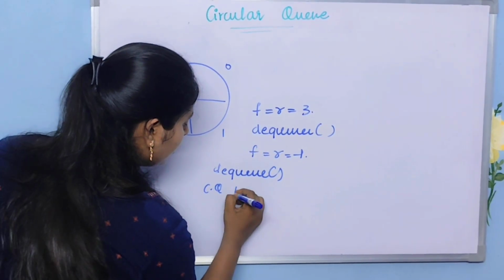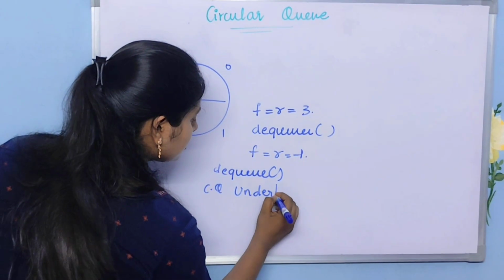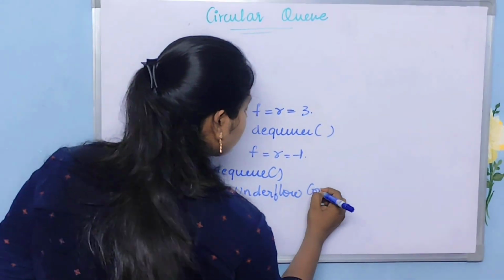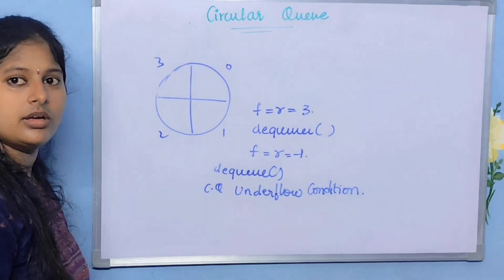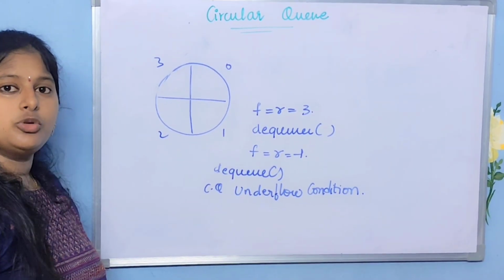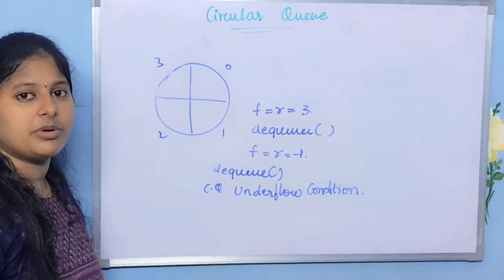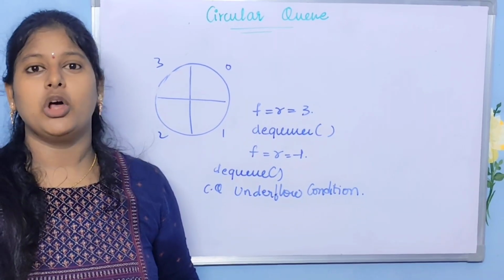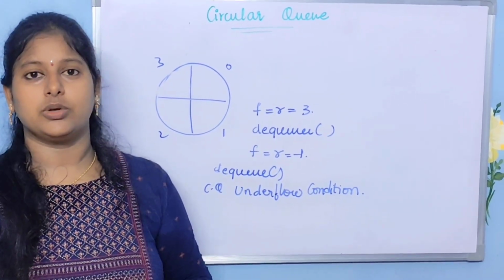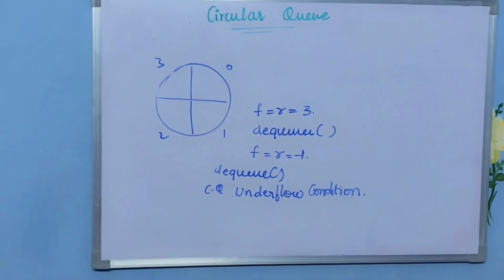Circular queue underflow condition occurs. So this is how you perform insertion and deletion operations, that is NQ and DQ operations, in the circular queue. I hope you all understood how to work with circular queues.